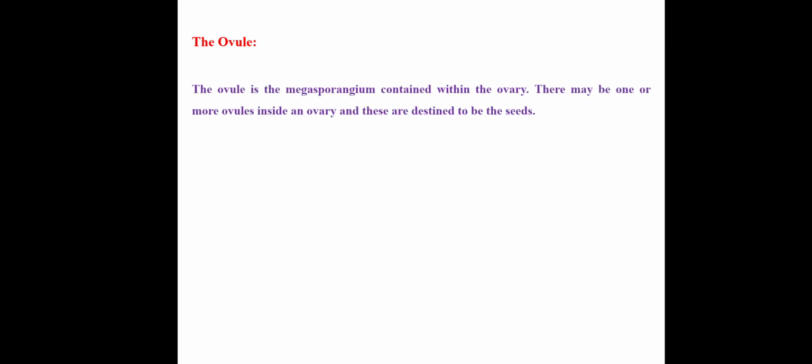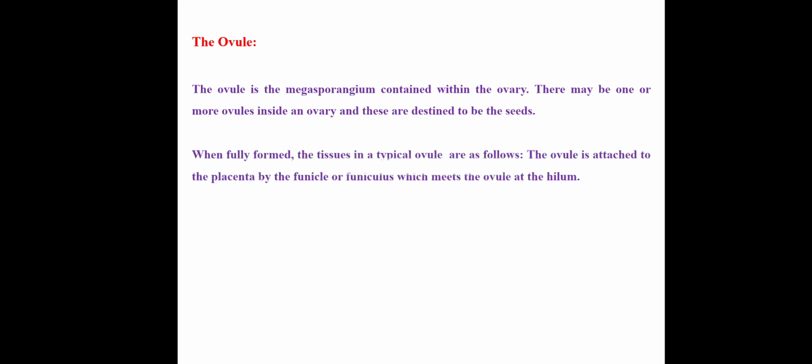The last part of this is the main portion which is present in the ovary, called the ovule. The ovule is the megasporangium contained within the ovary. There may be one or more ovules inside an ovary, and these are destined to be the seeds.